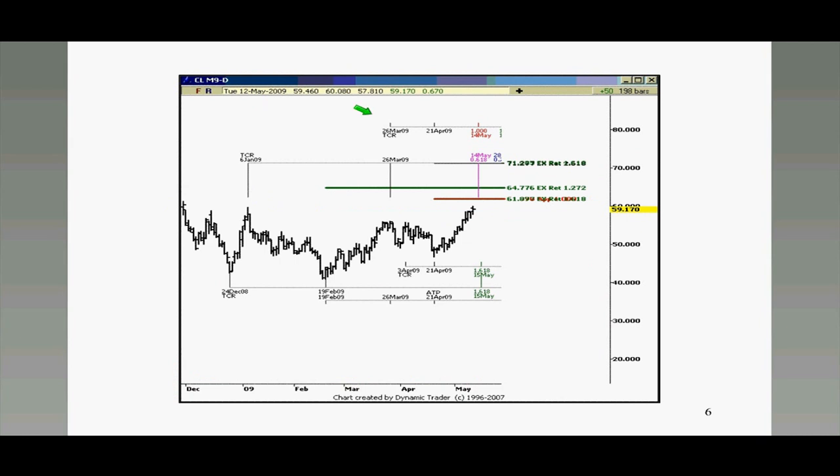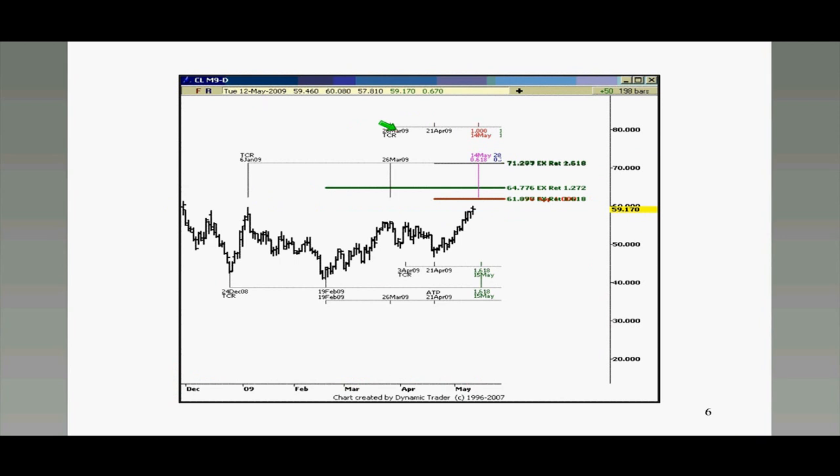All right, in this example, I had the June crude oil, where I took the March 26th high to the April 21st low, and 100% in time of that came in on May 14th.